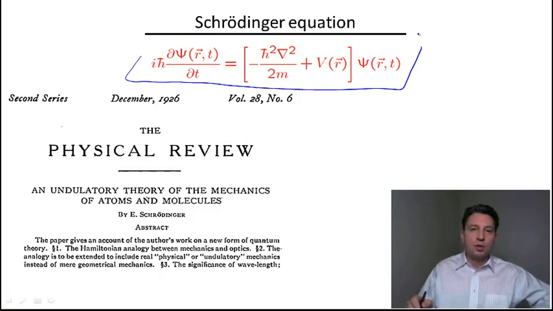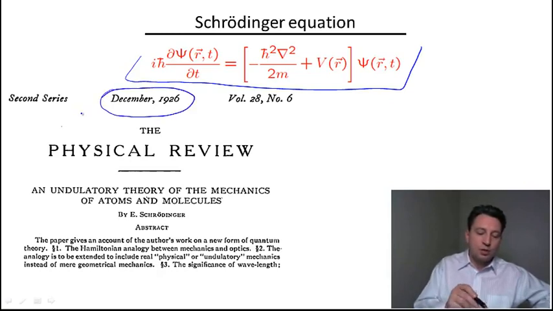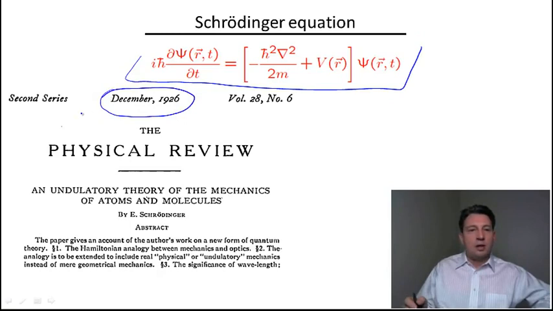And I'm also showing here a part of the first page of the original paper by Schrödinger, published in December of 1926. And it's actually very interesting how Schrödinger came up with this work and this equation. So apparently the story started back in 1925 or so, when he was working under Debye.